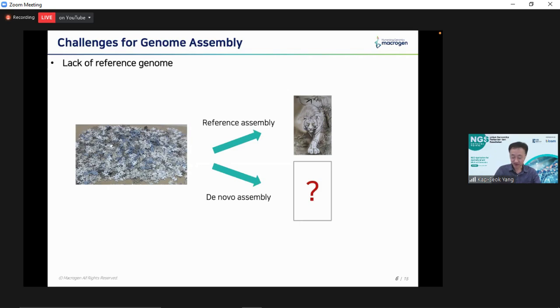But well, frankly speaking, all genome sequencing started from this stage. So it will be better if you have a reference, but you can start by piecing only two pieces together. That is a very good start.